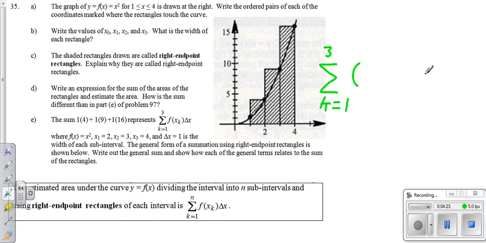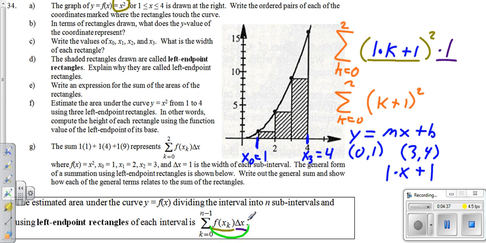Then you have to have your function, which was our input squared, x squared, and then multiply it by our width. This whole part right here after your sigma is the exact same thing it was after your sigma here. That part doesn't change, whether you're dealing with left or right.